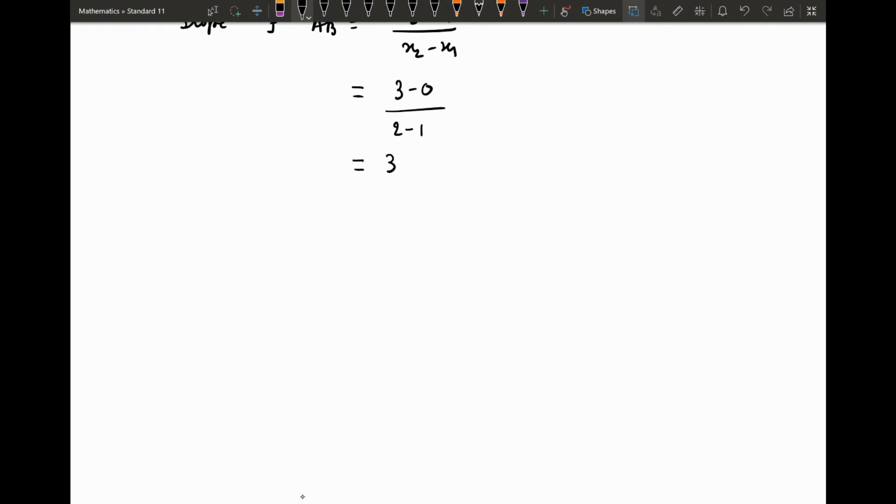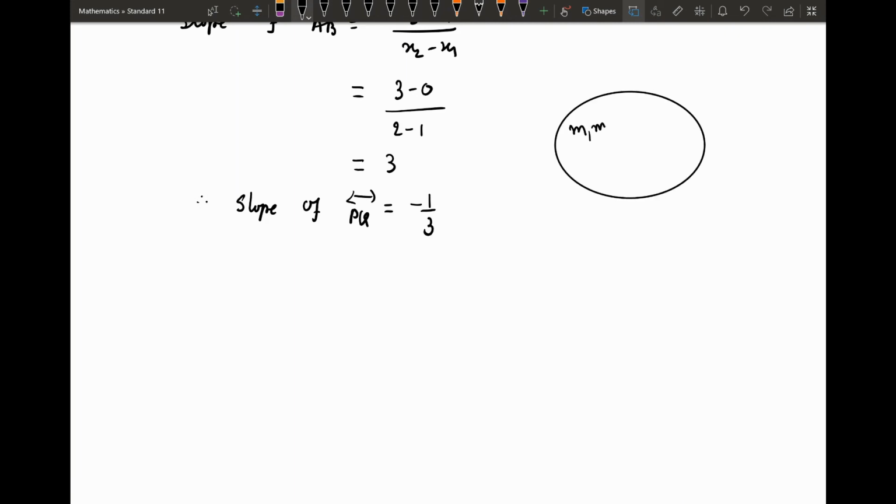Now therefore slope of PQ should be minus 1 by 3, so that m1 into m2 equals minus 1. Two lines are mutually perpendicular if and only if the product of the slopes is minus 1. So once we know the slope of one line, its perpendicular line slope one can write using the formula m1 into m2 equals minus 1.